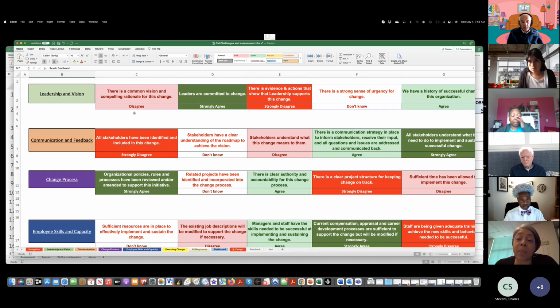The way this can be done in a structure, and I'll let Ramona speak in a second, is each one of these can be a Mentimeter question. So you have technology that you can use in a room where you don't know who's voting how. You put up this question: there's a common vision and compelling rationale for the change.